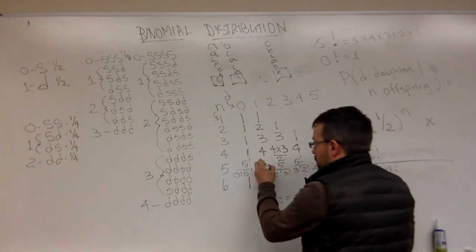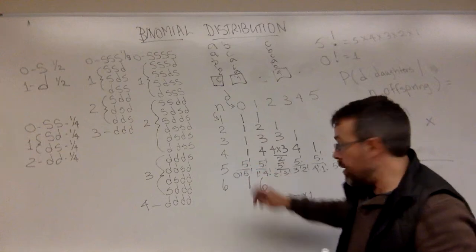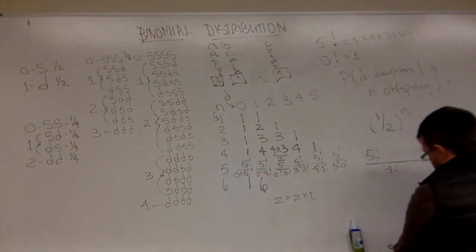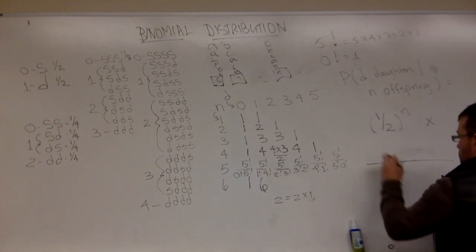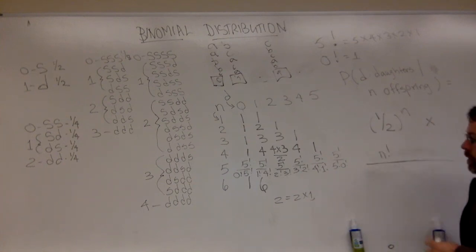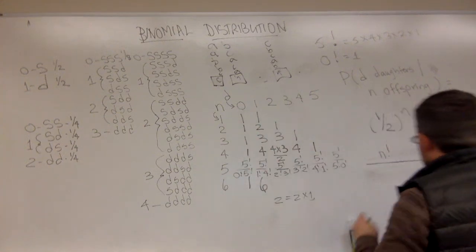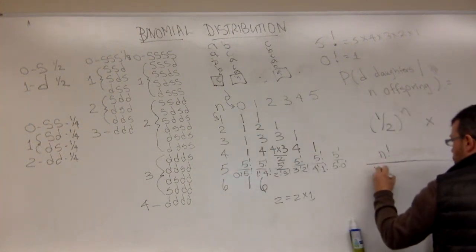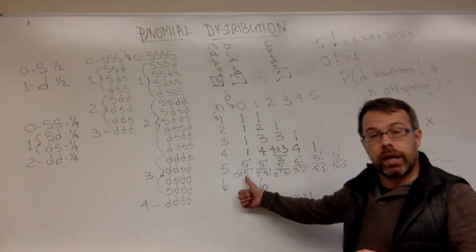So it's going to be n factorial divided by, well, what's 0? It's the number of daughters. So the number of daughters factorial.